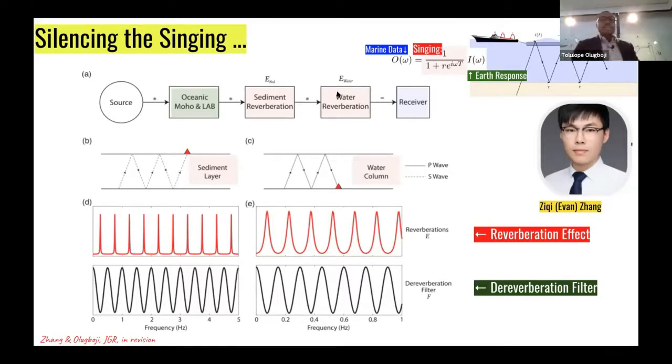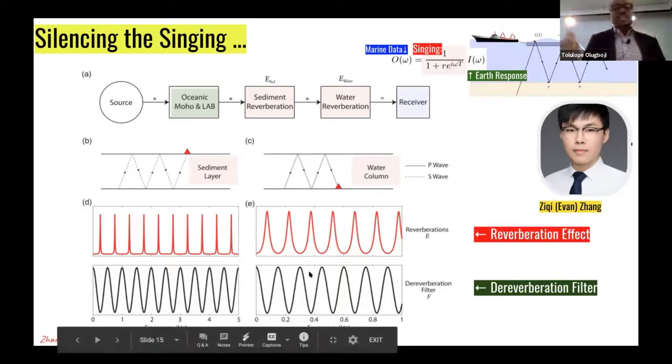It turns out that regardless of which kind of reverberation it is, it has the same self-similar form in the frequency domain. So if you've got waves trapped in the sediment layer, or even in the water column layer, they'll have essentially the same amplitude spectra. It looks like essentially a comb filter, and that's what we're calling the reverberation effect. The shape of that filter, how high the comb is and the spacing of the comb, is a function of the parameters, velocity and thickness of the sediment layer or the water column.